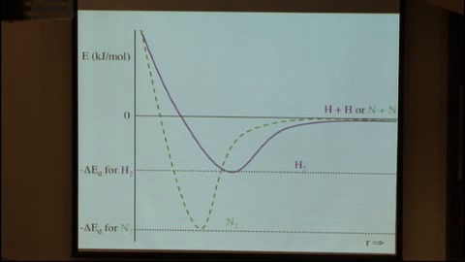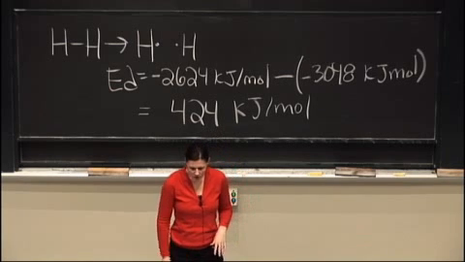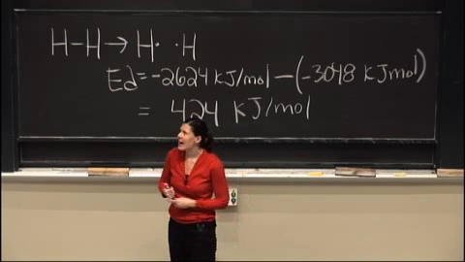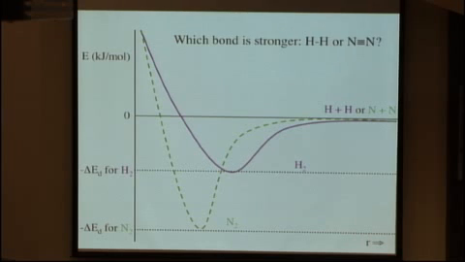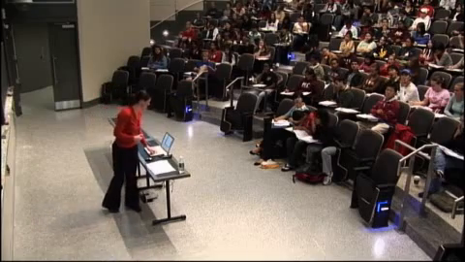And what we see is that we have now defined this energy as where the two nitrogen atoms are separated. So what we can actually directly compare is the dissociation energy or the bond strength of nitrogen versus hydrogen. So if we think about this, which would you say has the stronger bond? Is it going to be hydrogen or nitrogen? Yep, it's going to be nitrogen.